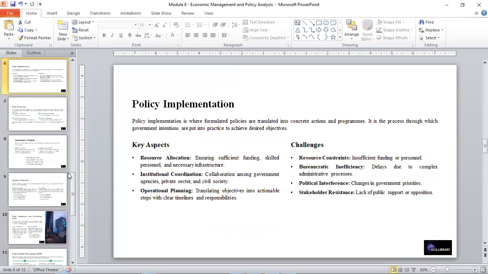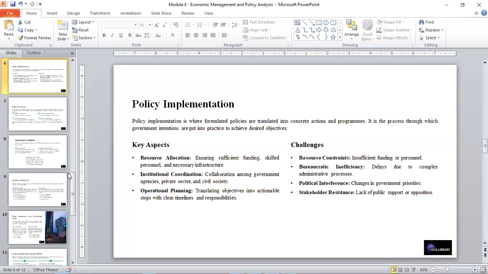evaluation stage. We move to policy implementation, and this is where formulated policies are translated into concrete actions and programs, and it is the process through which government intentions are put into practice to achieve desired objectives. For this, we talk about key aspects like resource allocation, dealing with ensuring sufficient funding, skill, personnel, and necessary infrastructure.